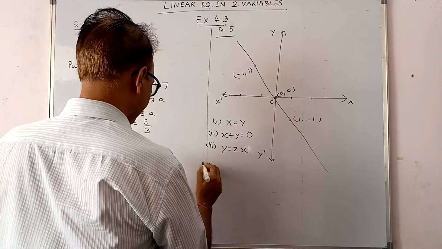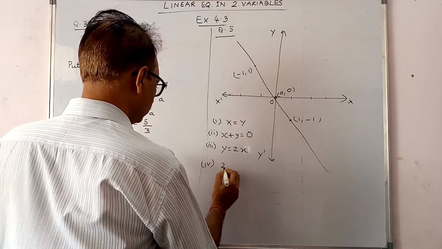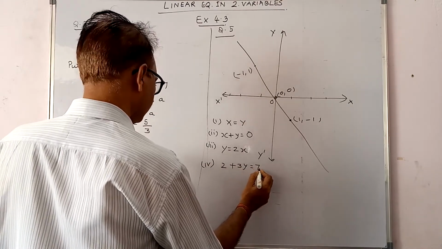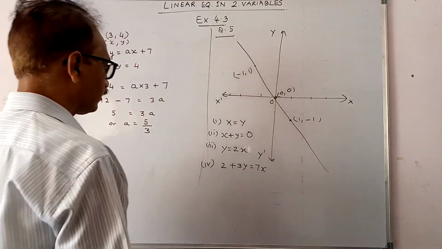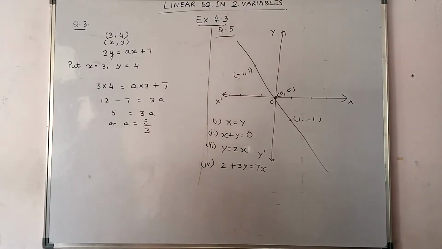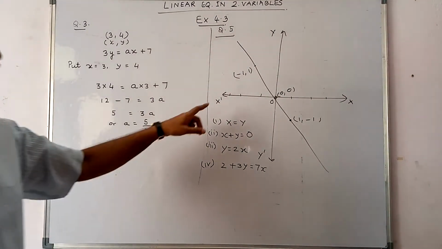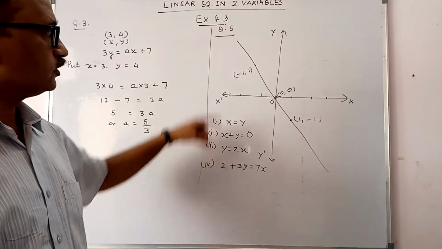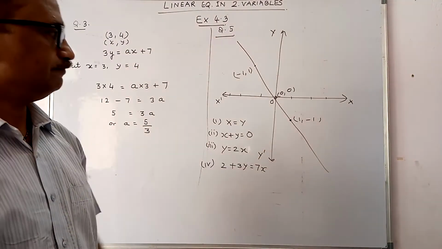And fourth option is 2 + 3y = 7x. You tell which of these four equations represents this given line.